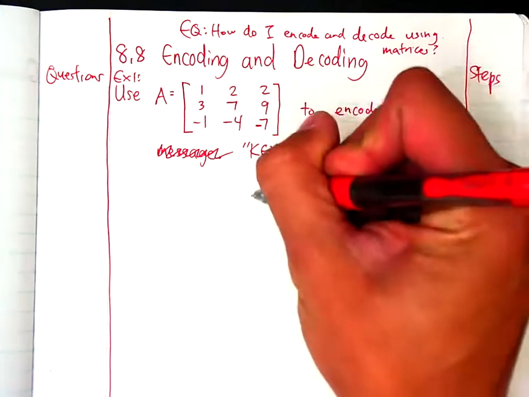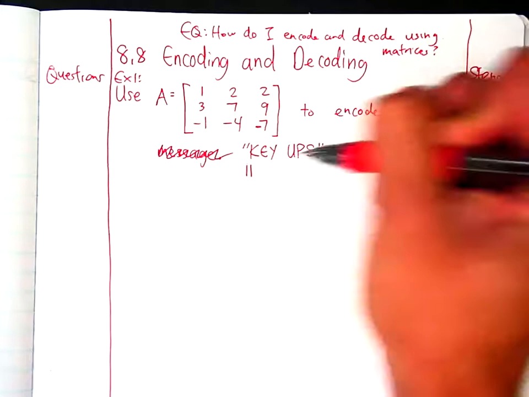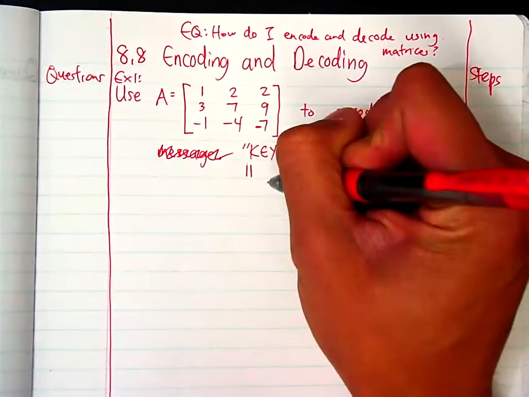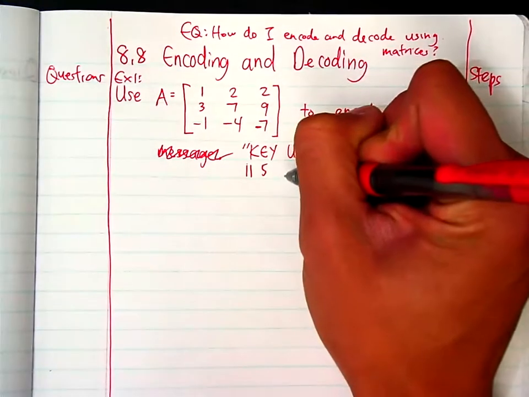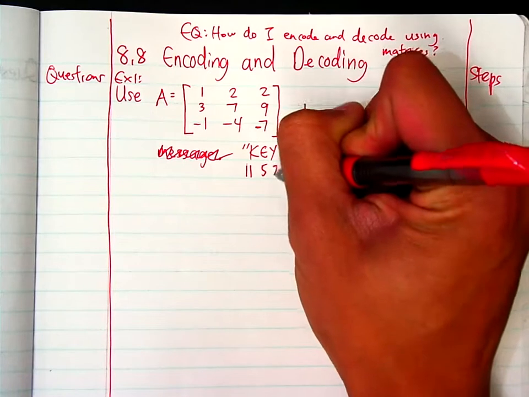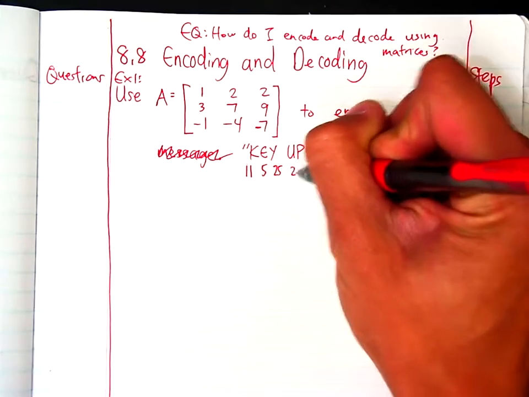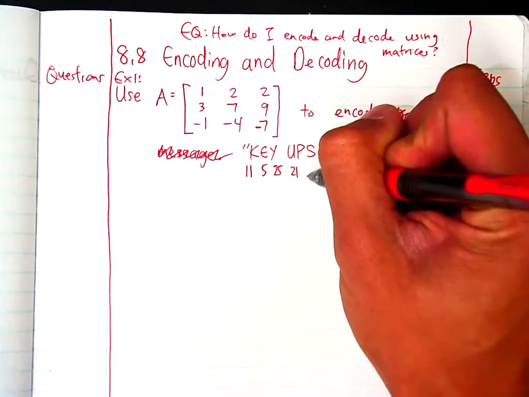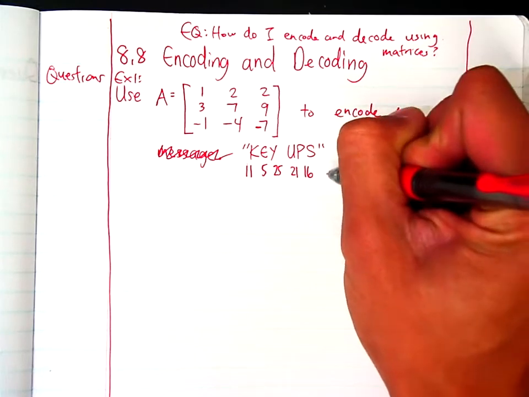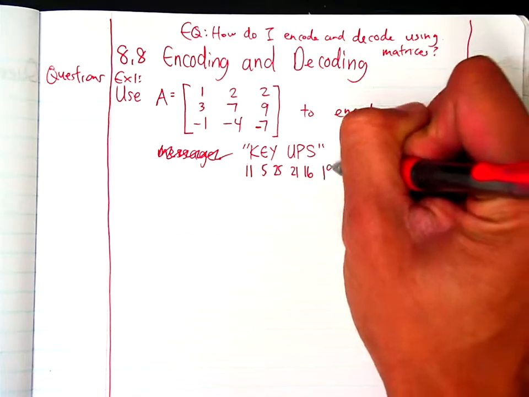So K is 11, E is 5, Y is 25, U is 21, P is 16, and S is 19.